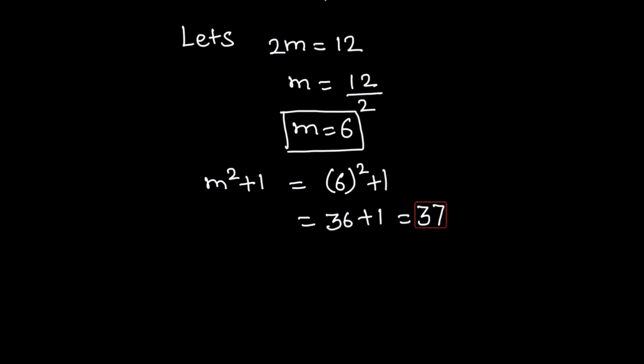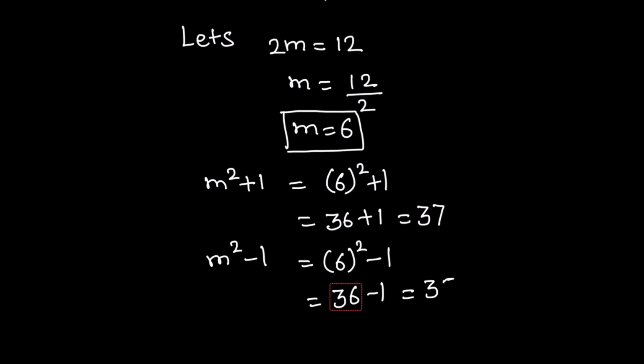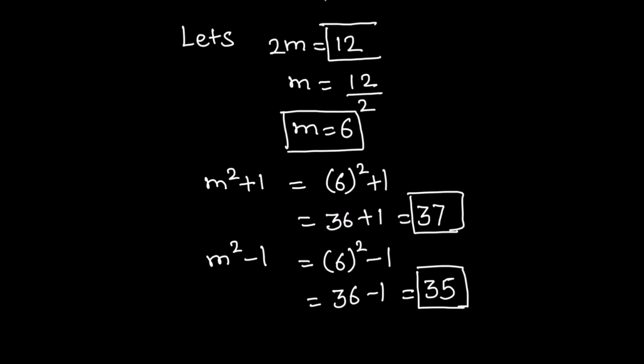And the other number will be m square minus 1, which equals 6 square minus 1, equals 36 minus 1, equals 35. 37, 35 and 12 will be our three triplets. So the final answer will be 12, 35 and 37. These are the three triplets for number 12.